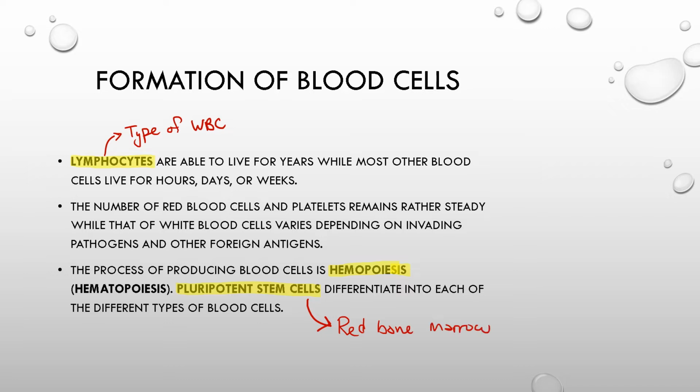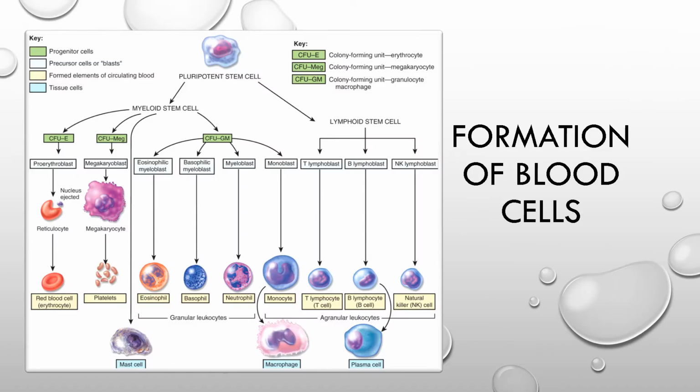Remember that red bone marrow is within the trabeculae of spongy bone. And these pluripotent stem cells have the capacity to develop into several different types of cells. So here we can see these pluripotent stem cells at the top of this diagram here.